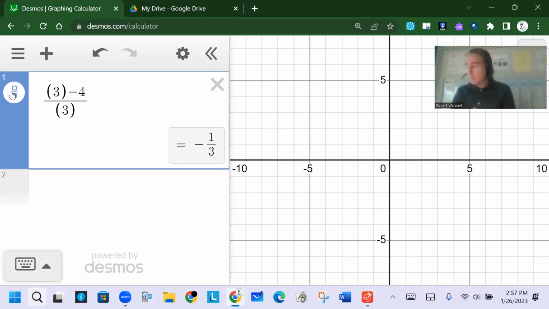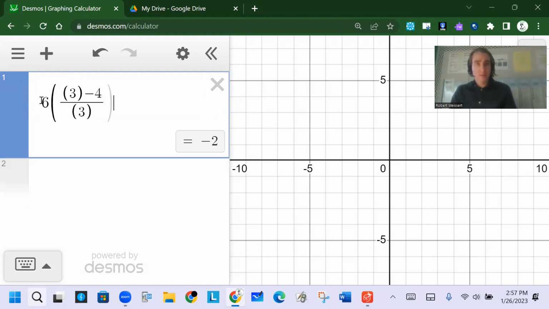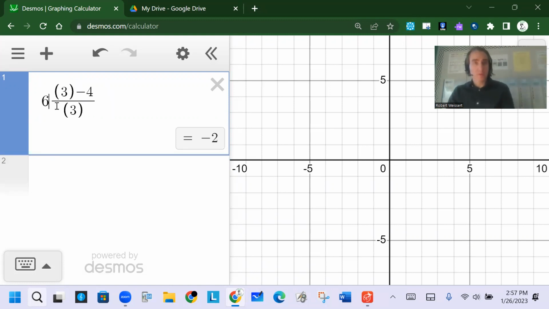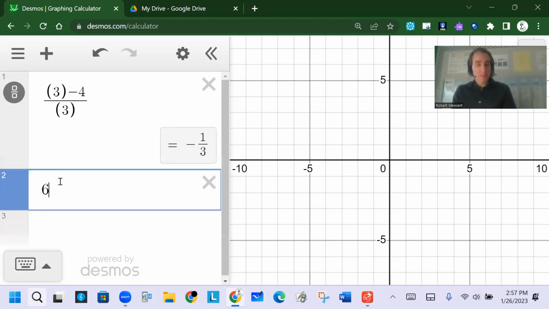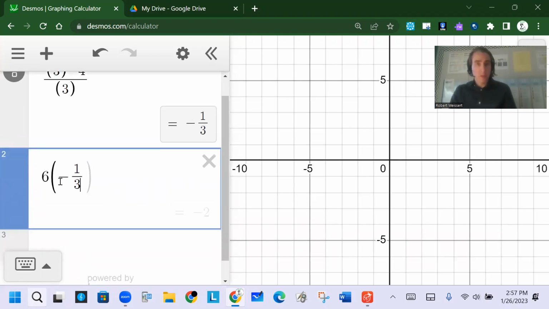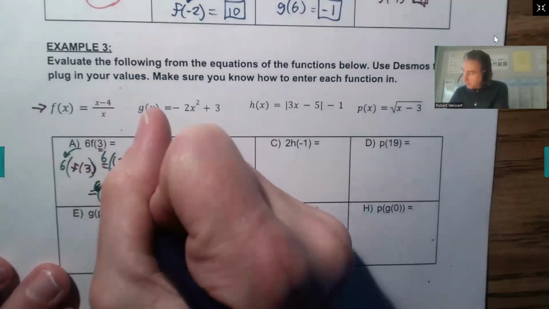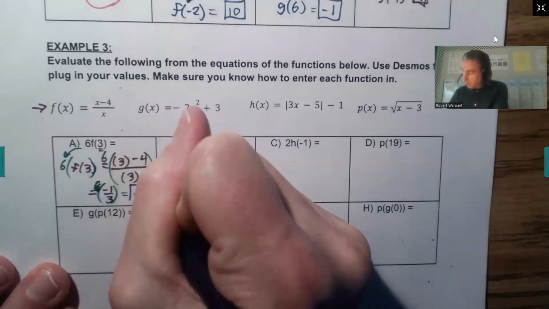If I want to times that by 6, then you can do 6 times all that if you want to do it all together, or you can take your previous answer and just say 6 times, so parentheses, negative 1 divided by 3, and you'll have your answer that way too. So the answer is, when it's said and done, negative 2. I don't mind you using a calculator to evaluate this. So negative 2 would be your output for that.